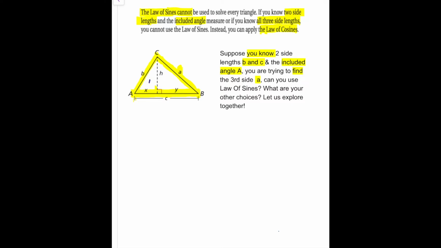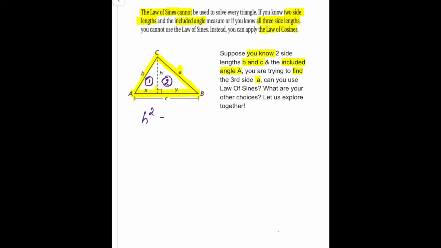So let's take triangle number 1, which is on the left side, the smaller one. We can clearly see the common side to both those right triangles is h. So I'm trying to find h.